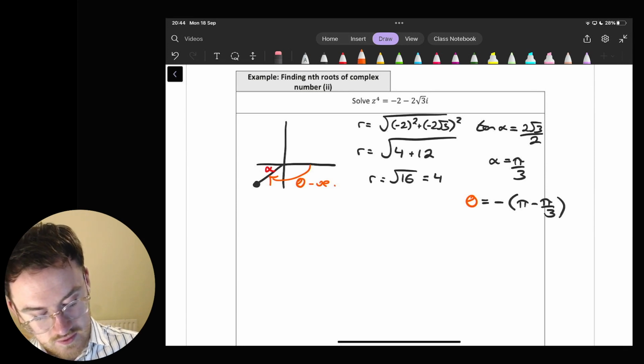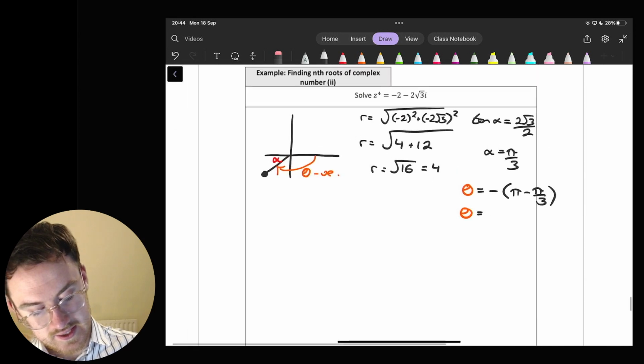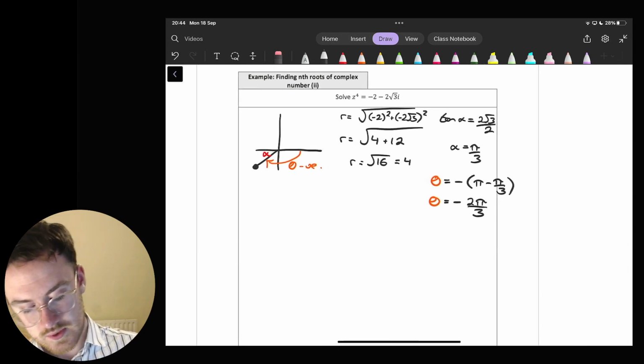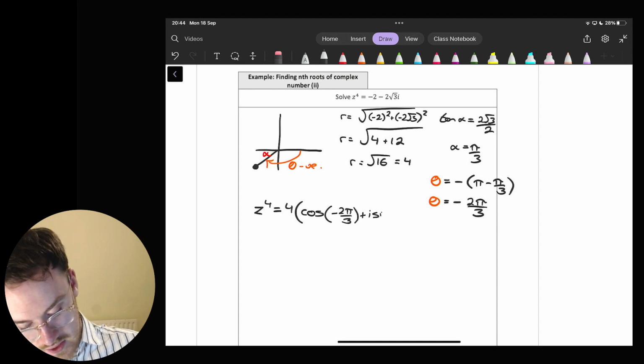So that combines together to give me a value of theta as minus 2 pi over 3. Okay, so I can lay out my complex number then. z to the power of 4 is 4 cos minus 2 pi over 3 plus i sine minus 2 pi over 3.